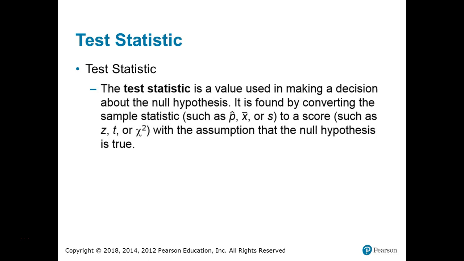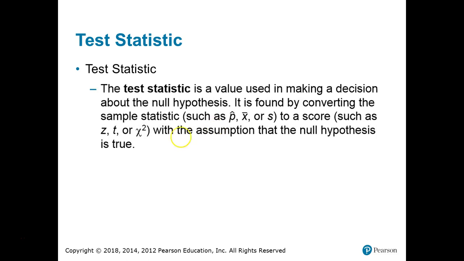A test statistic is a value used in making a decision about the null hypothesis. So it is what we are actually using to make a test. It is what we're actually going to be comparing. It is found by converting the sample statistic to a score with the assumption that the null hypothesis is true.